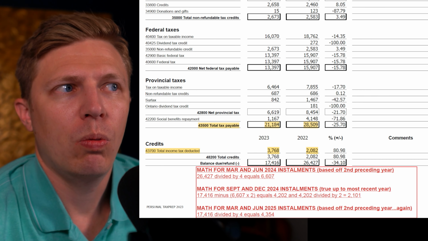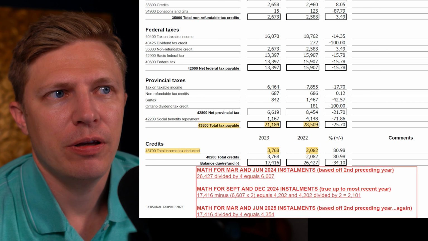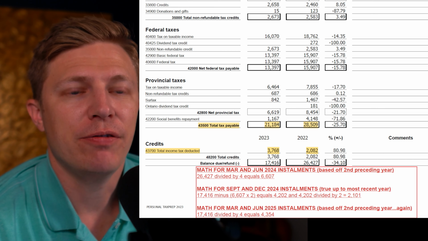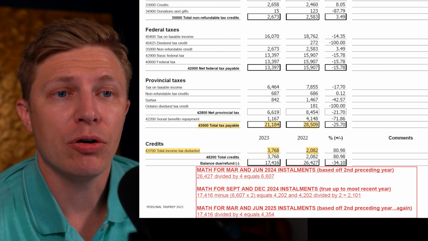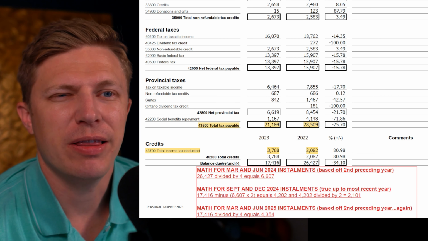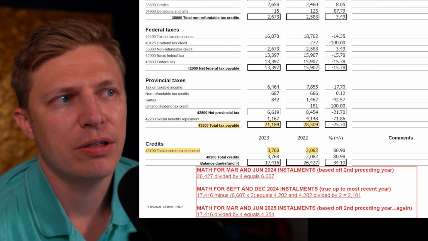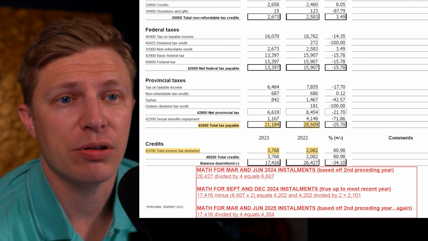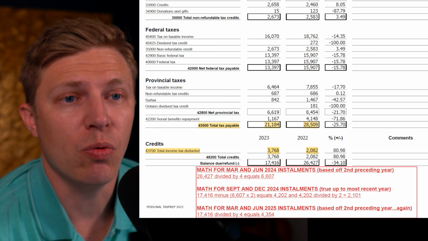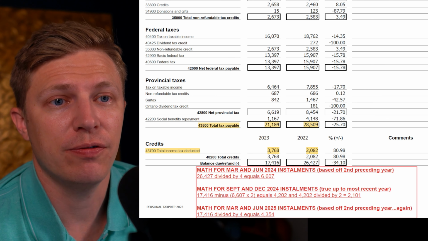Now, what's basically happening with tax installments is if CRA identifies that there's a pattern of you having to pay large sums of tax on filing, and that in a sense there was not enough tax withheld at source on your income, they're going to want to be paid throughout the year. They don't want to wait until April 30th when you file your tax return to receive payment.